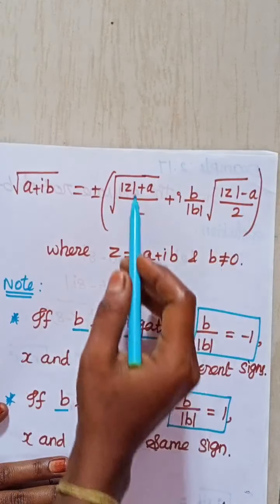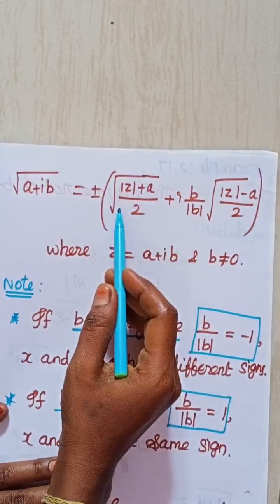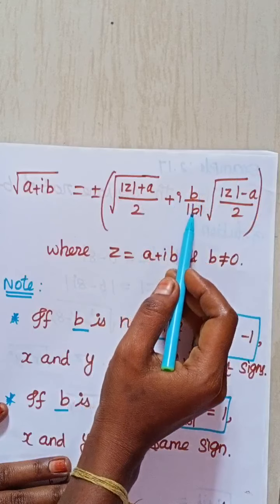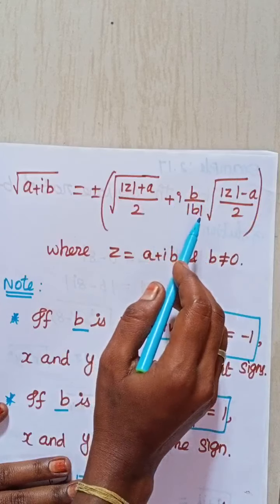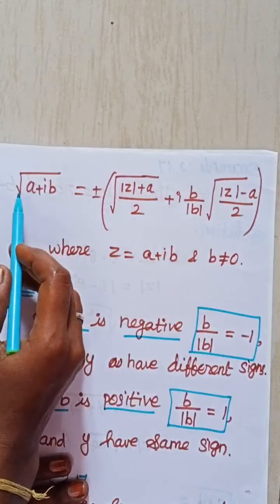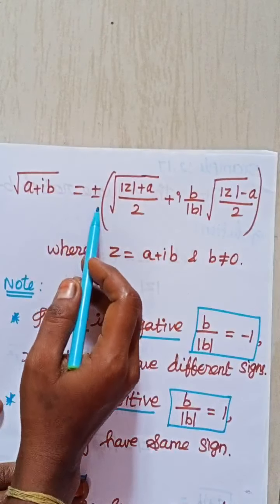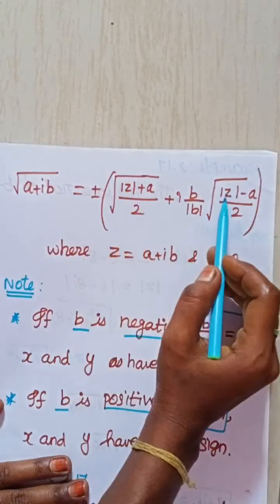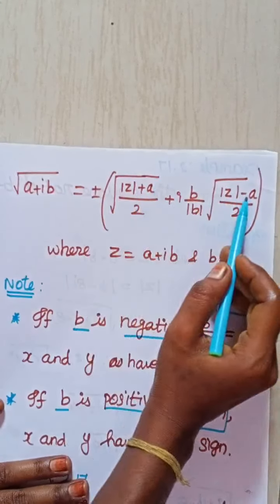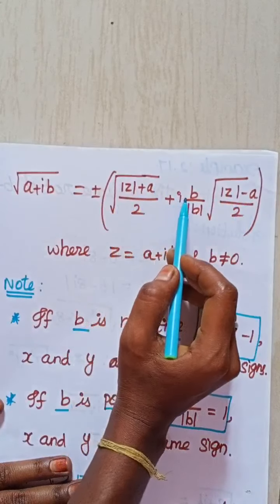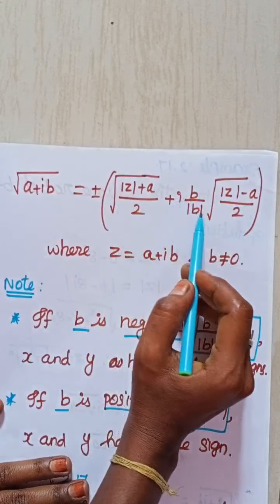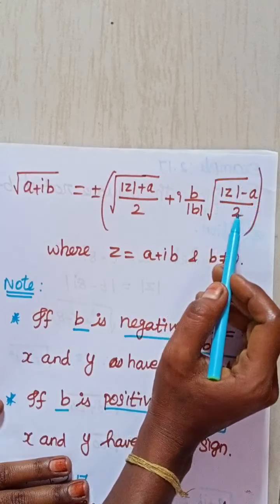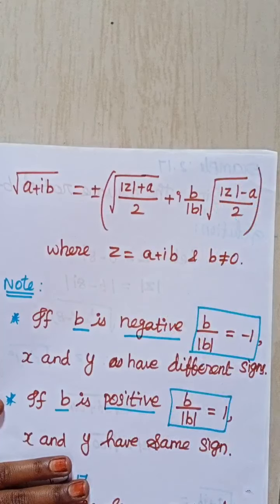It is the real part, so i does not exist; it is the imaginary part, so i compulsorily exists, and b by modulus b is the only extra. So the formula is square root of a plus ib equal to plus or minus square root of (modulus z plus a) by 2, plus or plus i into b by modulus b, square root of (modulus z minus a) divided by 2. Close your eyes and say the formula.